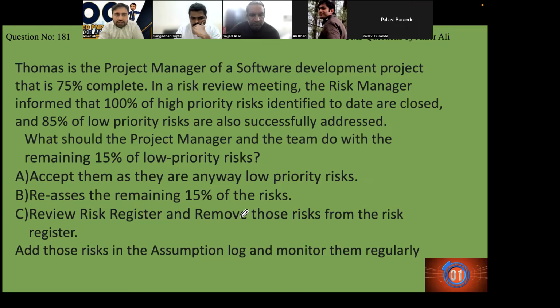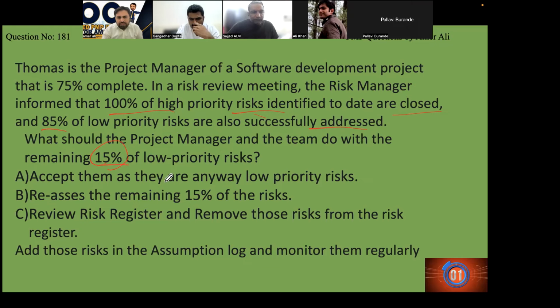In a risk review meeting, the risk manager informed that 100% of identified high priority risks are closed, and 85% of low priority risks are successfully addressed. What should the project manager and team do with the remaining low priority risks?